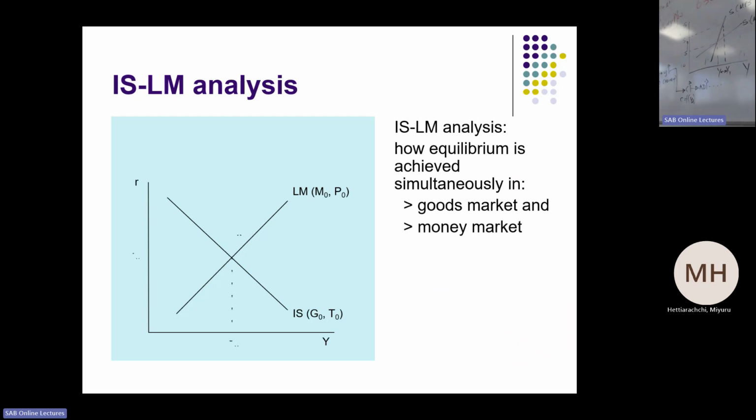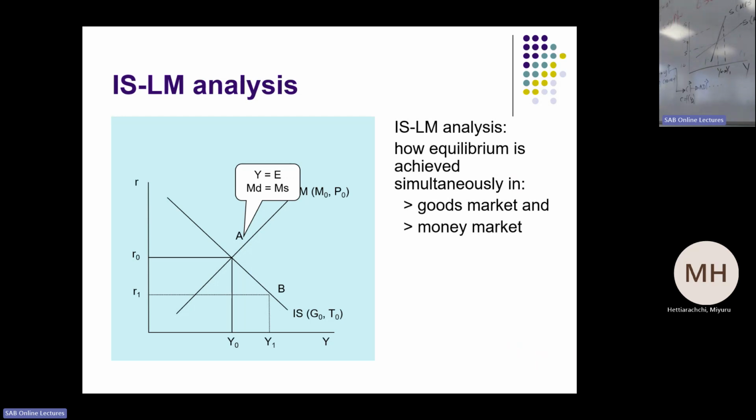Okay. The intersection point A gives the equilibrium, where we have equilibrium in the real sector and the monetary sector. Those are the things. We know that at the equilibrium point, Y equals E, and money demand equals money supply.